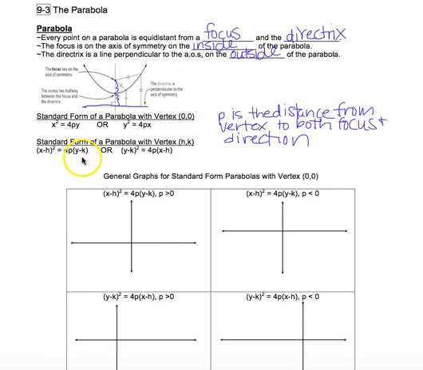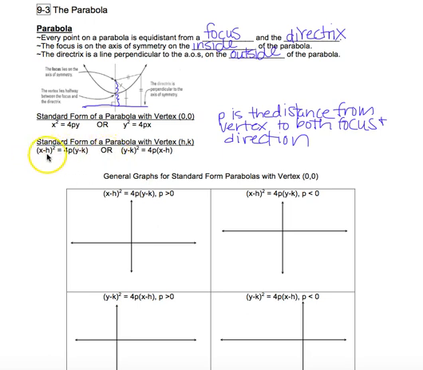You can see that when we change the vertex and we have vertical and horizontal shifts, like here, we still have that 4p multiplied in front. Very, very, very important that you pay attention, regardless of whether it's the x or the y that's squared, that the h part of the vertex is always with the x.